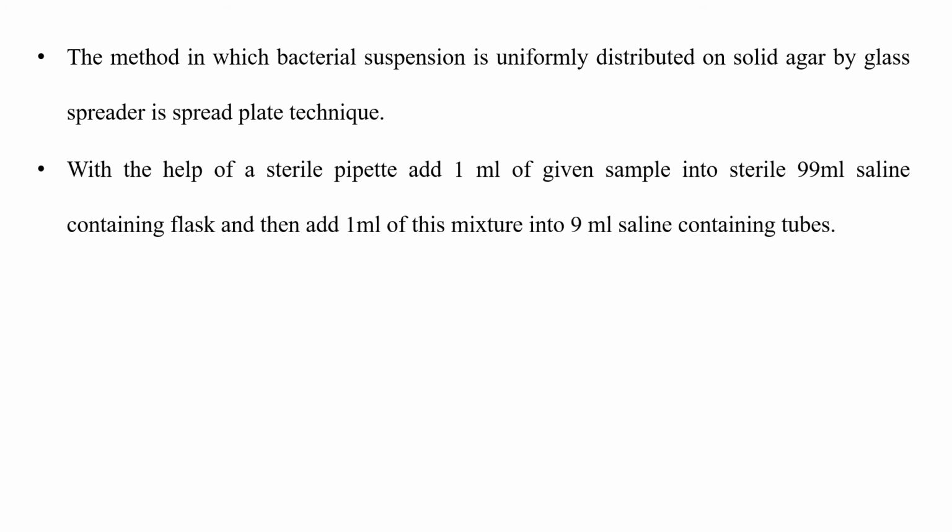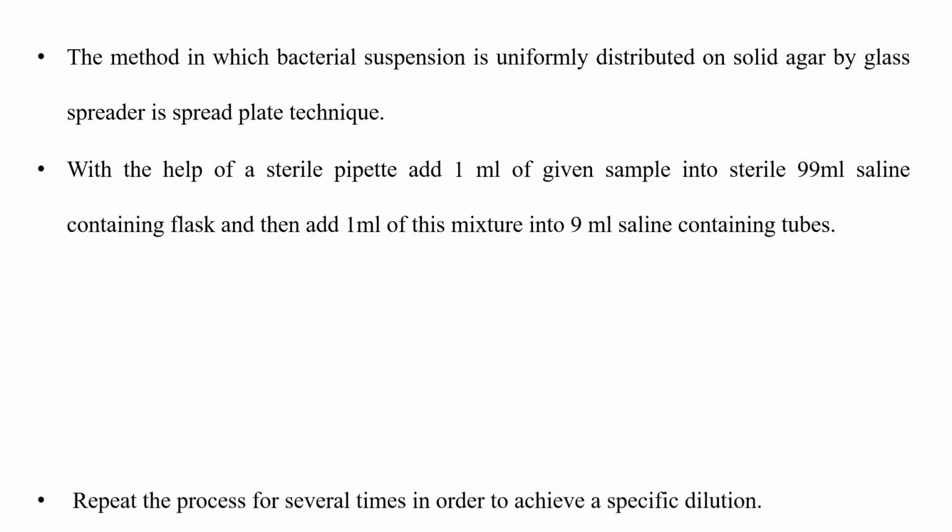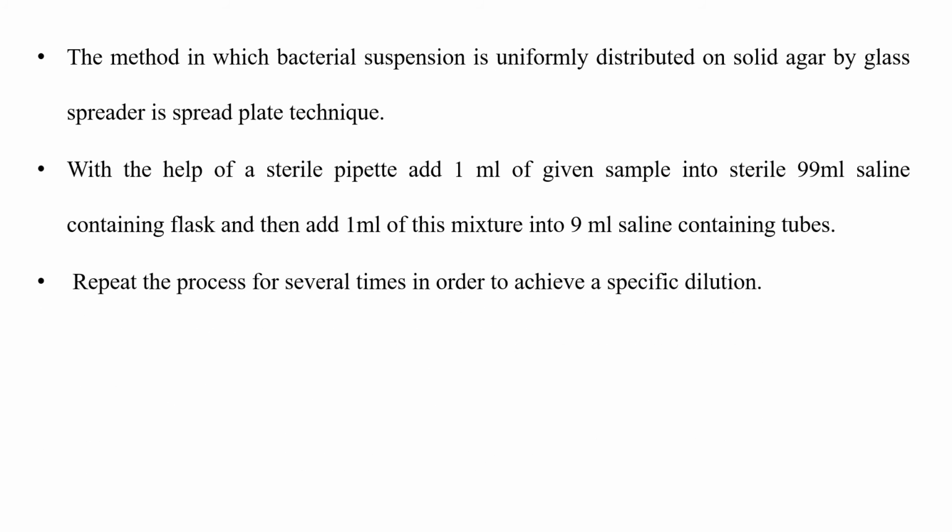With the help of a sterile pipette, add 1 ml of the given sample into a sterile flask containing 99 ml saline, and then add 1 ml of this mixture into a tube containing 9 ml saline. Repeat the process several times in order to achieve a specific dilution.